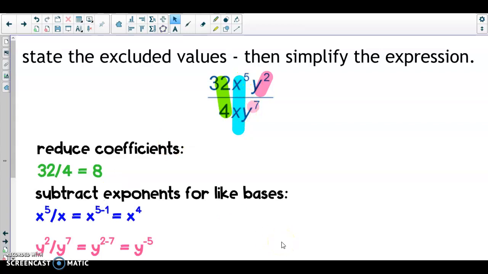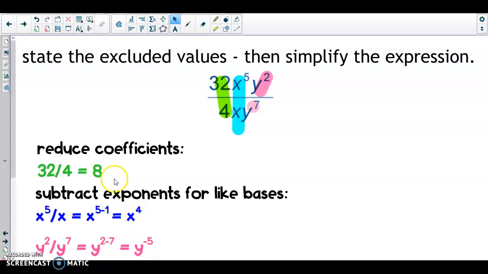So if we have x to the 5th over x, this x has an invisible 1 as its exponent. So we're going to look at x to the 5 minus 1 power, or x to the 4th. For the y's, we have y to the 2nd divided by y to the 7th. So that would be y to the 2 minus 7, or y to the negative 5th.